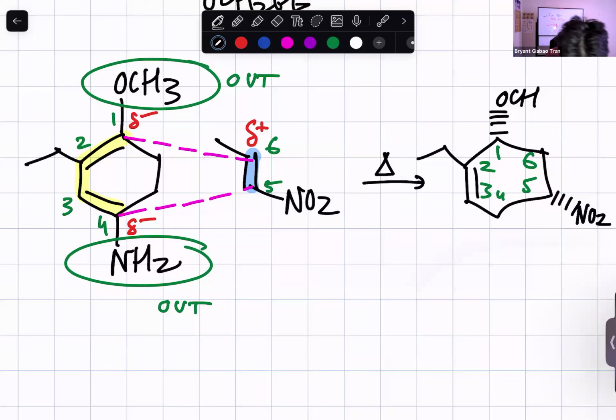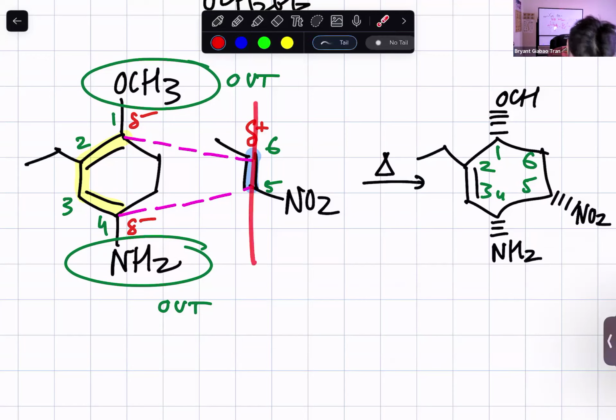Okay. Yep. And H2. So now, what would the methyl group be on carbon 6? Would it be a wedge or a dash on the product? A wedge, right? Because it's not going to be a dash, since we have to look at the configuration between the NO2 and methyl group.